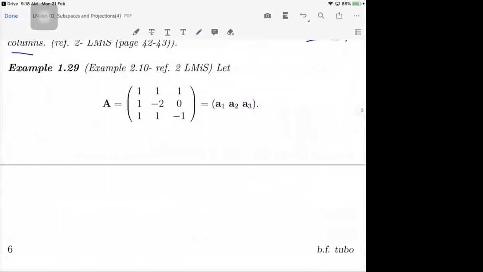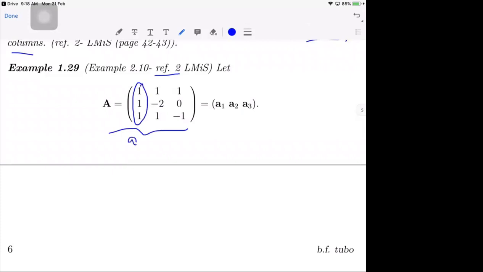Okay, so let's have an example. This is actually from reference 2. Let A be this matrix, a 3 by 3 matrix. This column here will be your A1, this will be your A2, and this will be your A3.